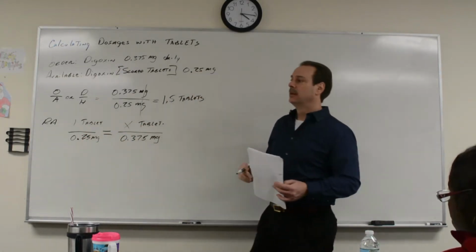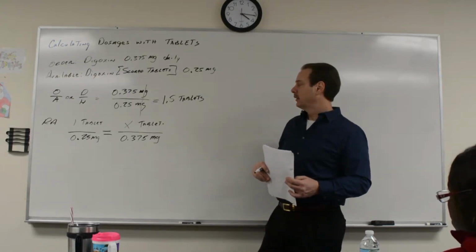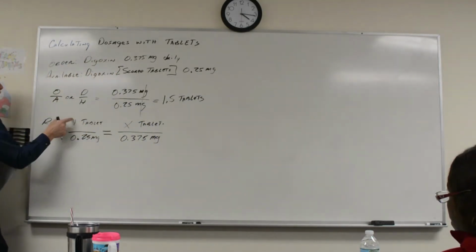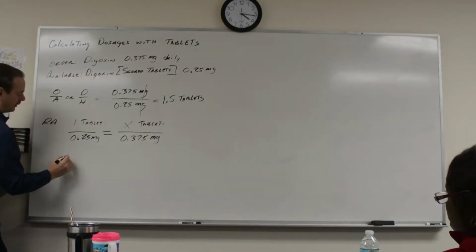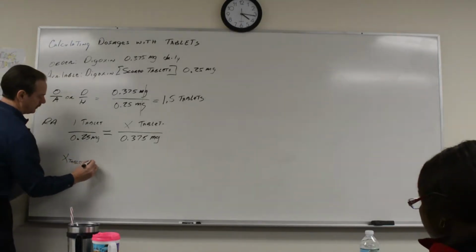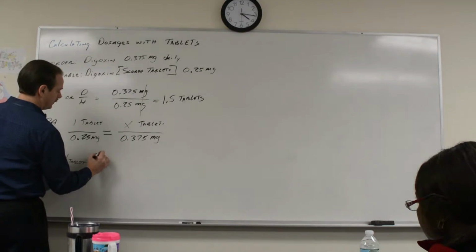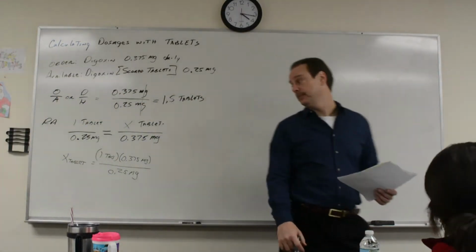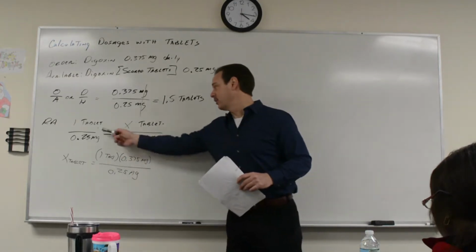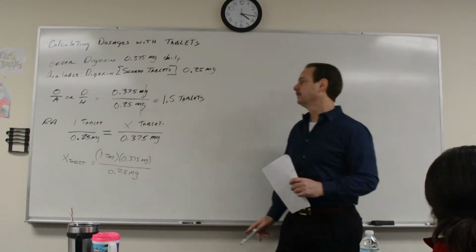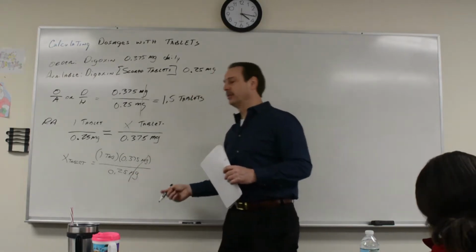Okay. We'll put 0.375 milligrams times one tablet divided by 0.25 milligrams. This quantity is going to come up here, so that's what we're going to end up with, right? X number of tablets equals this times this divided by that. What are we left with?